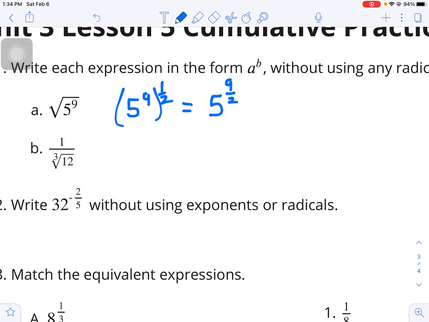Number 2 there. Now we want to take this and write 32 to the, I skipped b here. So now with the expression in the denominator, something had to be negative here. So let's take a look at that.